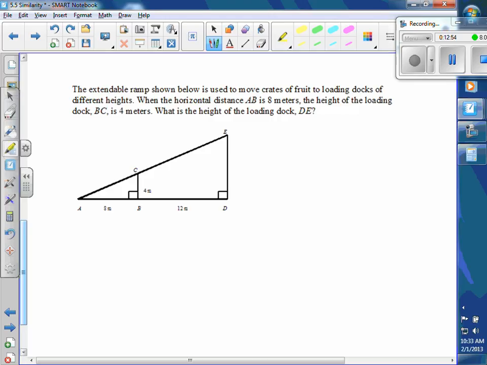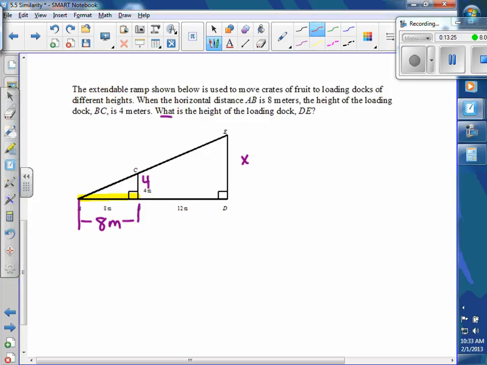Okay, so when the horizontal distance, AB, that's this, is 8 meters, that's from here to here. The height of the loading dock is 4 meters. The question is, what is the height of the loading dock DE? So we want to know what X is.